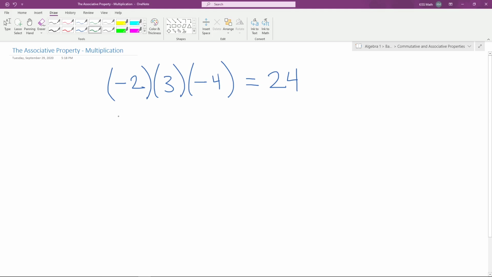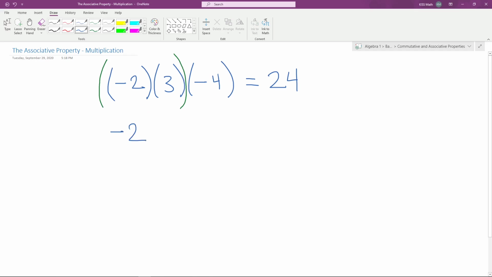Here's our original example for multiplication. If I put parentheses around this guy here, we would have to do this piece first, right? So -2 times 3, that's a -6, times a -4 is 24. So that's fine.